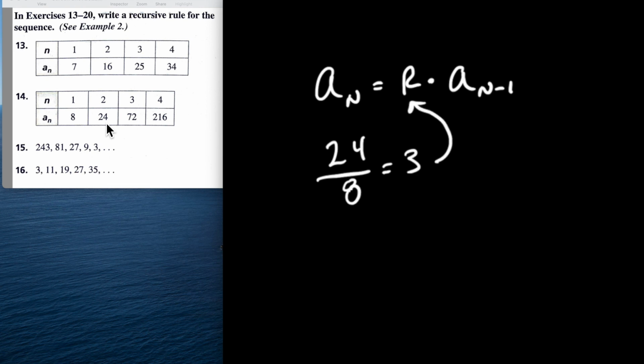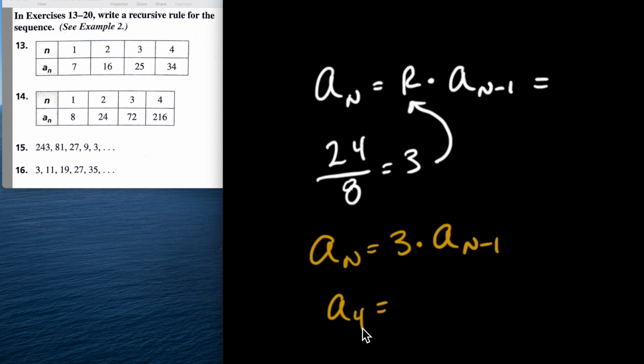Therefore, our recursive rule is going to be a sub n equals 3 times the value at n minus 1. What could be simpler?